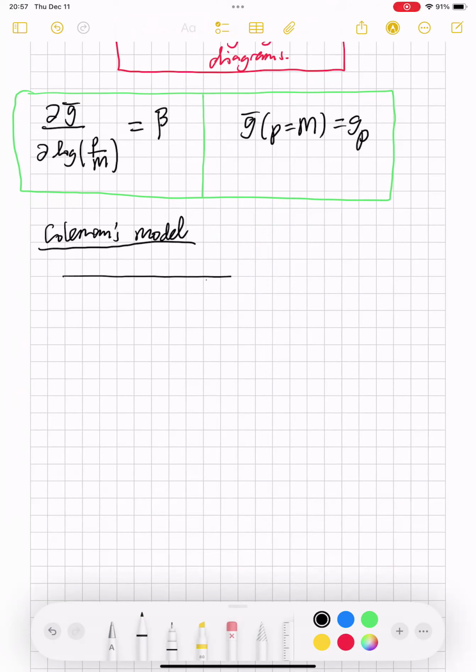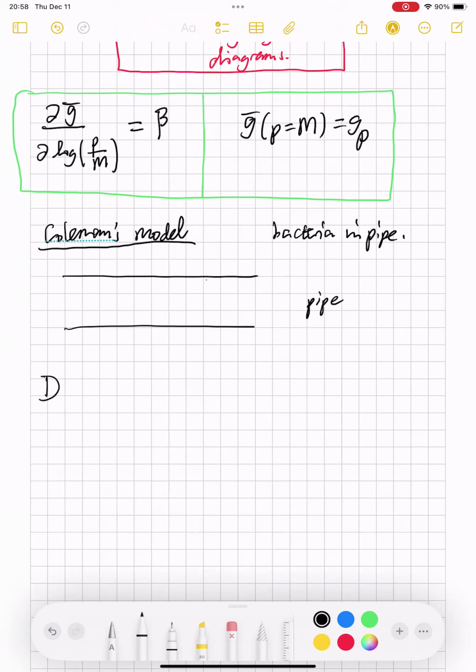We have a pipe. So let's label this as a pipe. And in fact, there is bacteria in the pipe.